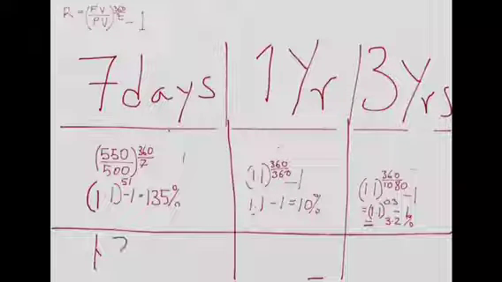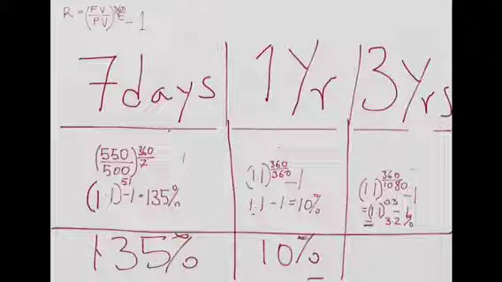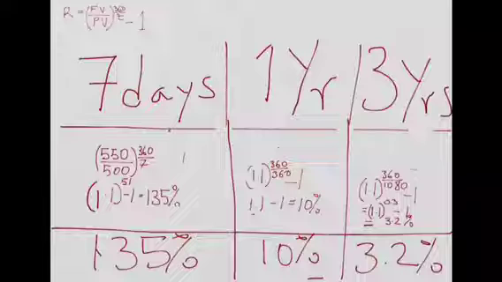So we're talking about 135% here over a 7-day period. The $50 return gives a 135% return in a 7-day period. But the same $50 in a 1-year period becomes a 10% return. But the same $50 absolute amount becomes a paltry 3.2% over 3 years.